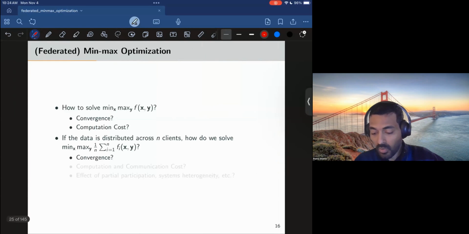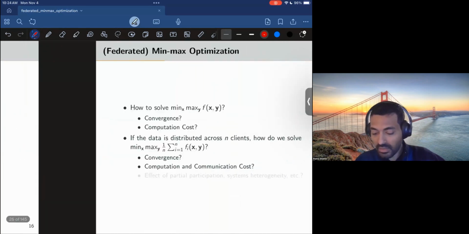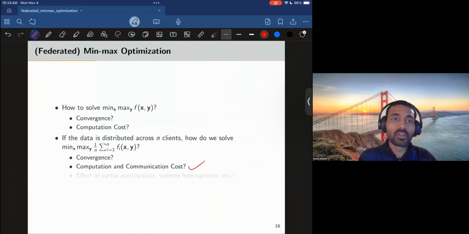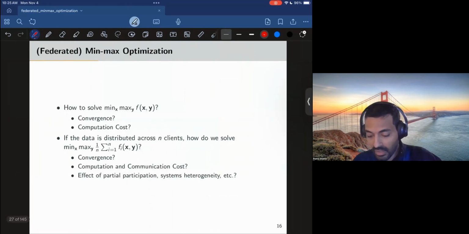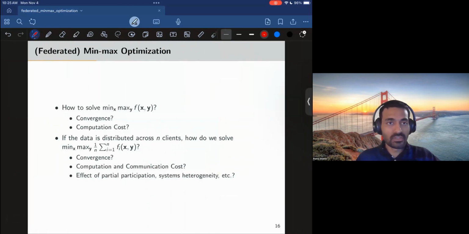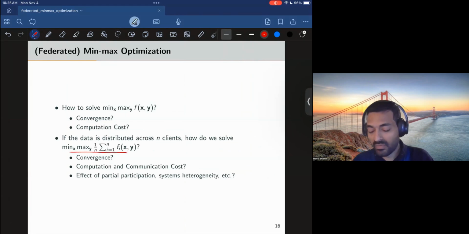And again, what kind of convergence guarantees we can get? What kind of communication and computation resources are required? And in one of the previous lectures, you have discussed what is the effect of partial participation in federated learning. Now we want to understand the same thing, but in a min-max setting, right? So this is our goal for today.